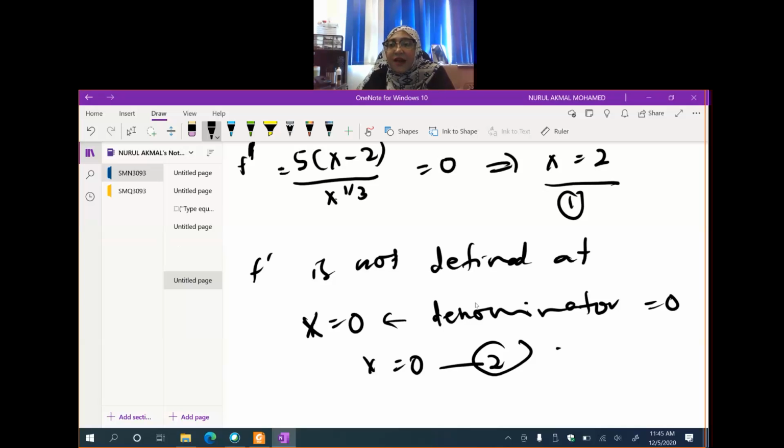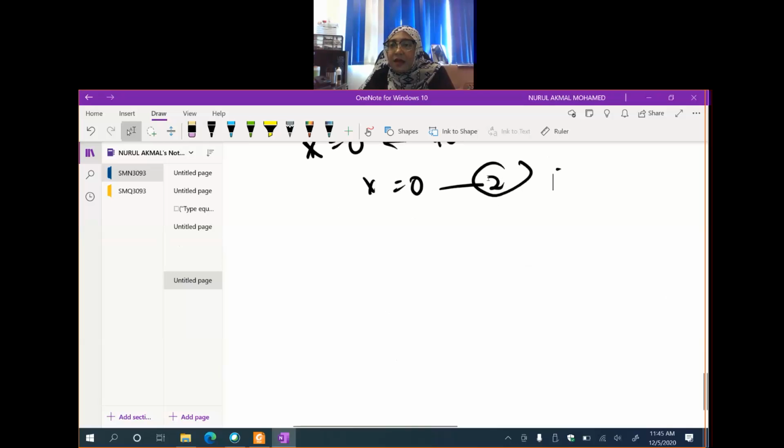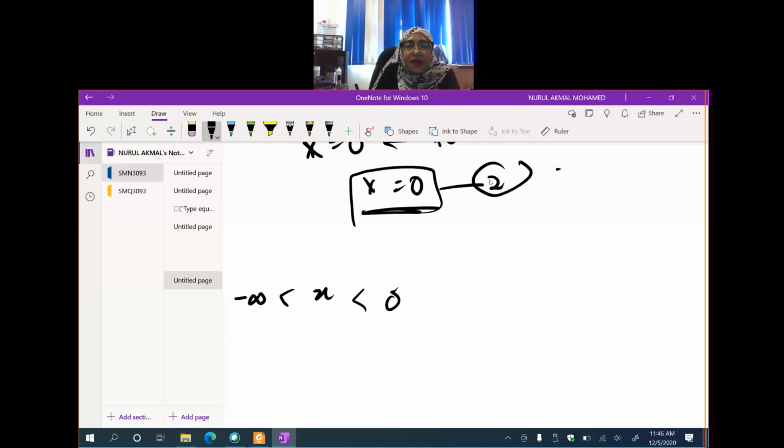Okay, now we divide the real line with respect to these two critical points. One interval is from negative infinity up to 0, because we have this critical point x equal to 0 here. The second interval will be from 0 up to 2.